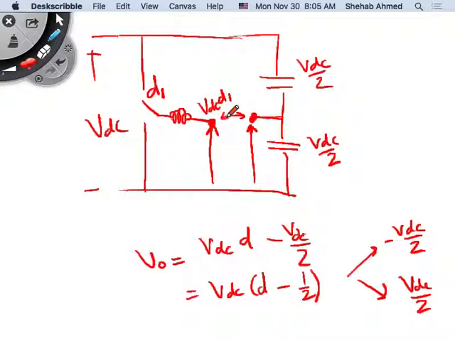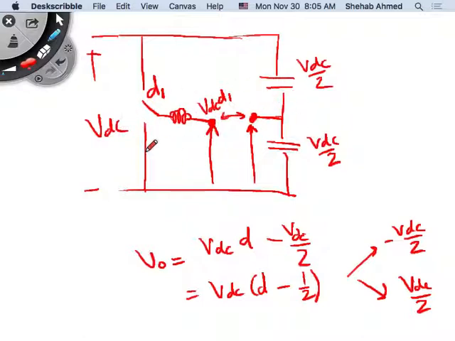So it depends on what the output voltage looks like and how you want to optimize the system, because you can produce the same output voltage on the load with either. With the half bridge configuration, you save on switches. You only have two switches and two capacitors, versus the full bridge, where you have 4 different switches.